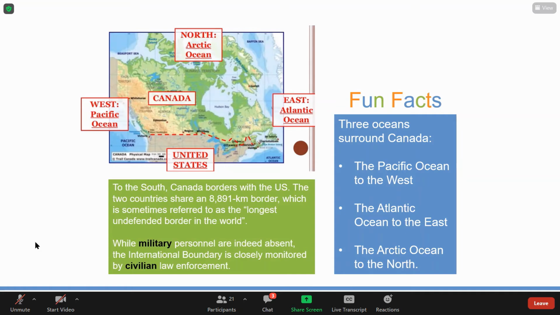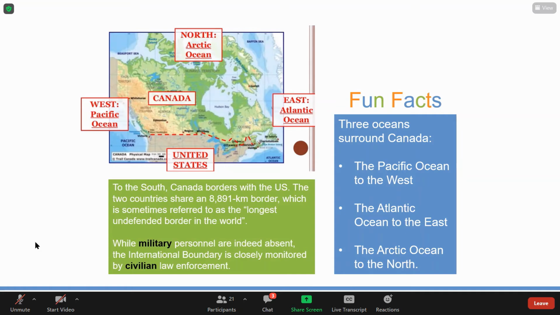We are also talking here about the border. The border between us and the United States is referred to as the longest undefended border in the world. In reality, it's just a line between us and the United States, and we call it the 49th parallel. We have border crossing points, but there is no army, no walls, nothing between us and the United States.